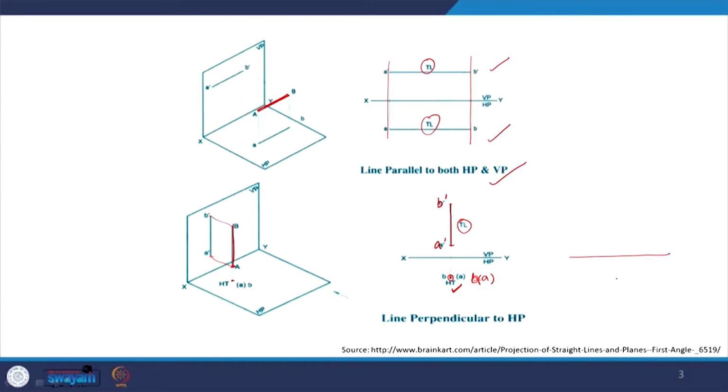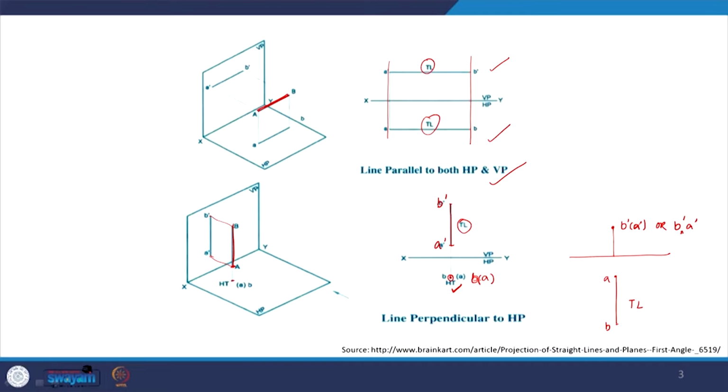So we would see the true length of the line here, say a line AB. And in elevation, at whatever height it is from the horizontal plane, we would be seeing B dash in bracket A dash, or B dash comma A dash.